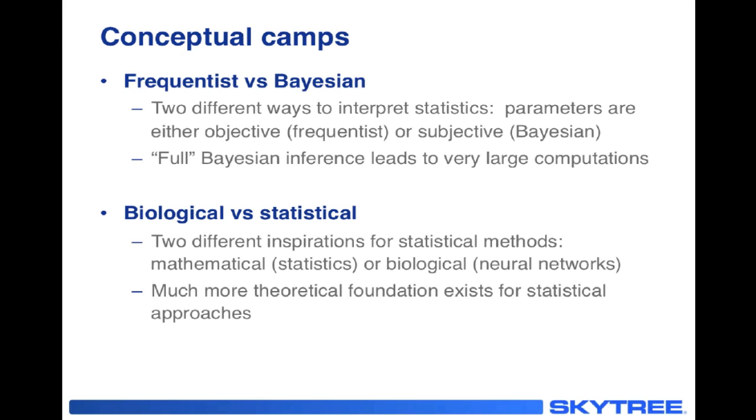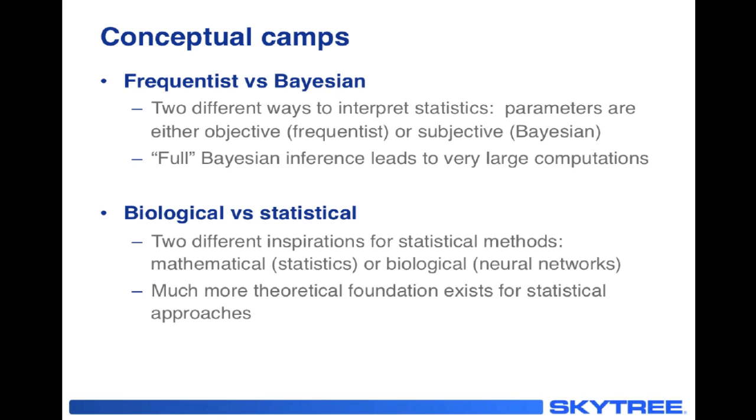It's filled with fire from both sides. It's the equivalent of a holy war. But there are objective ways to reason about whether you should be a frequentist or Bayesian. For the most part, everything we're talking about in this webinar is frequentist, not because I really care.